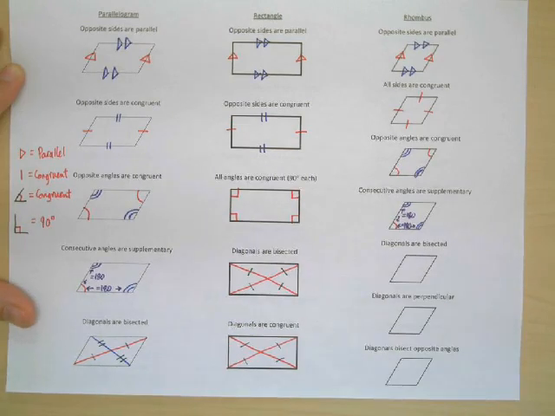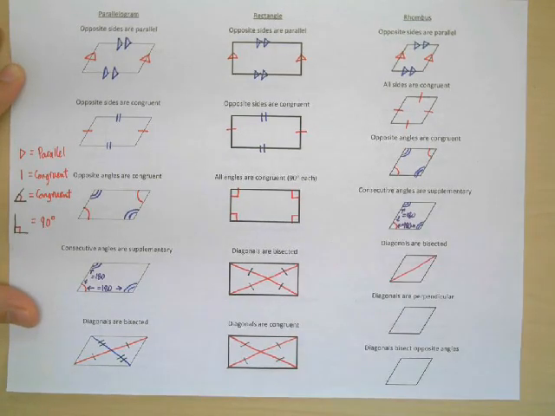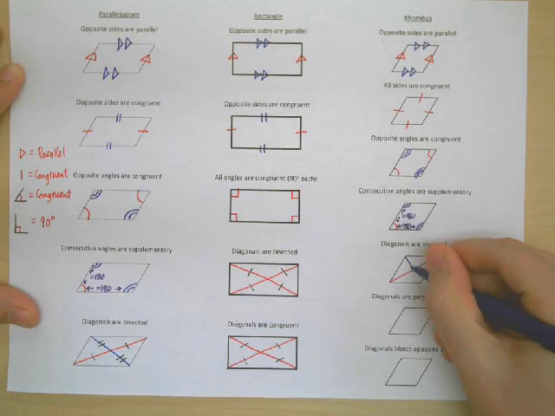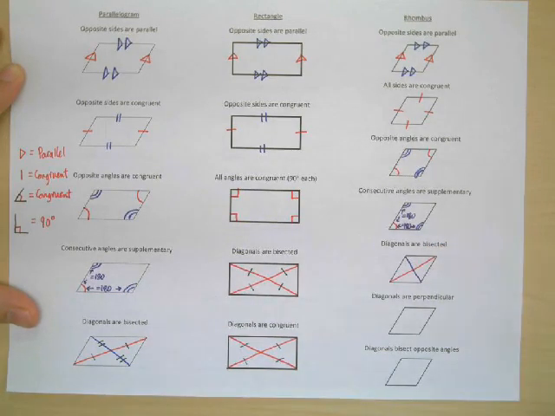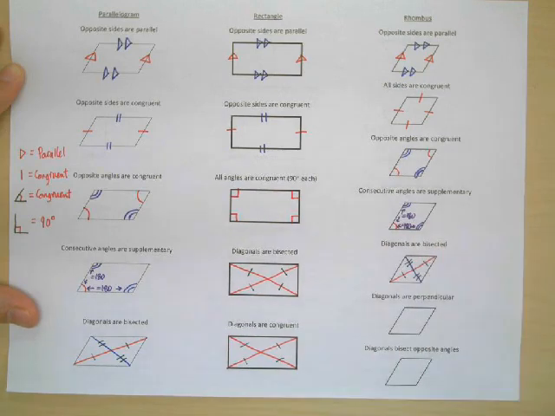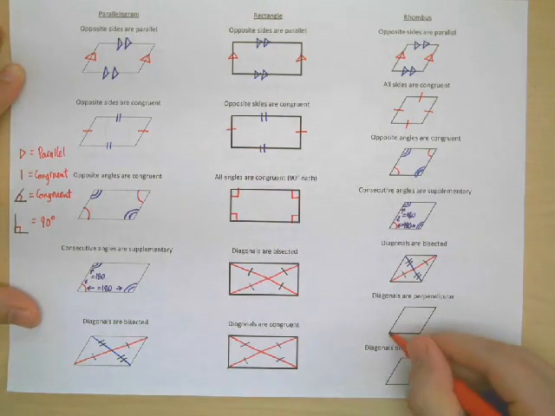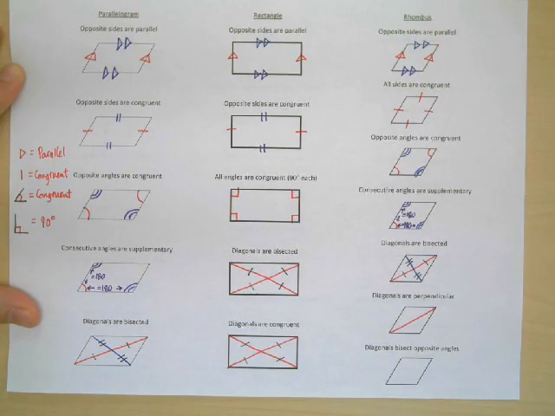Next property, the diagonals are bisected. All right. Two different colors for the diagonals here again. All right. So got the tick marks to show they're bisected. That looks great. Next, the diagonals are perpendicular. So this means that the diagonals are going to make 90 degrees.